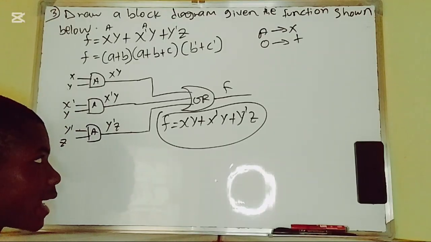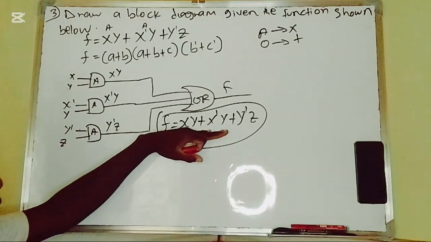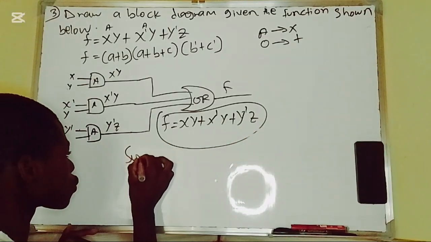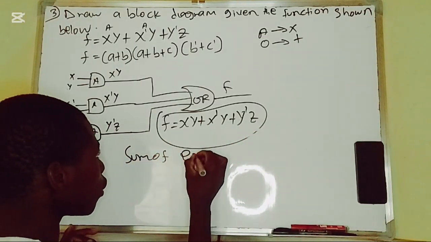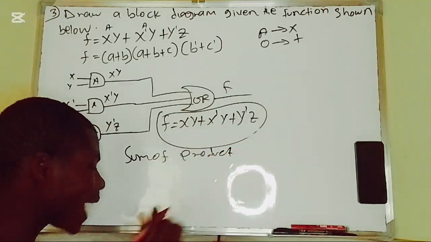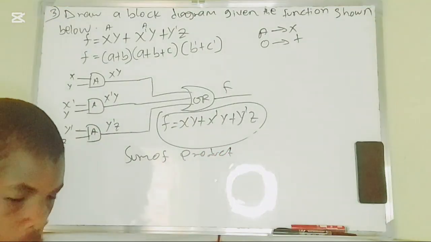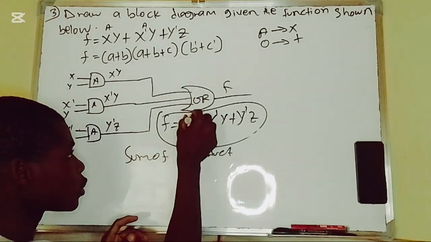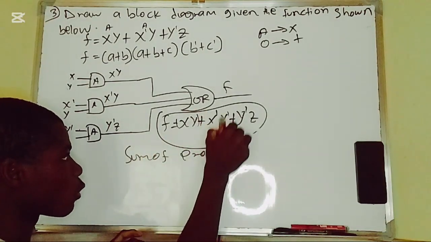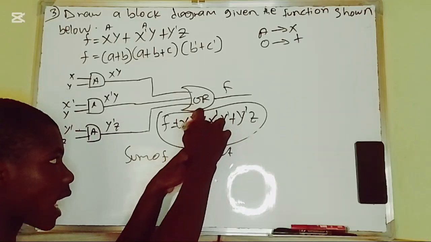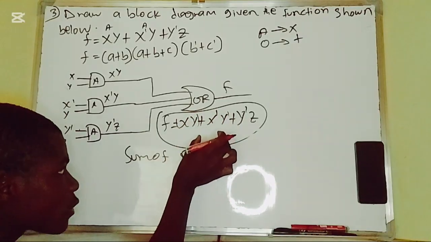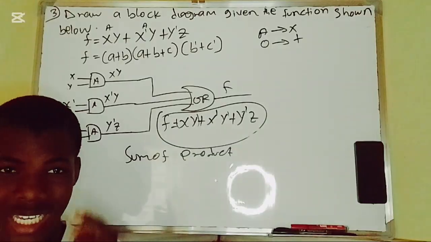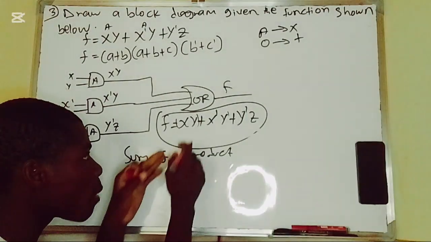There is one thing that I need to tell you: is this a sum of products or a product of sums? So this is a sum of products. What did I mean by sum of products? Between XY and what comes after them is addition. Whenever you look at the middle and you see it is plus, it is what we call a sum of products, because you are summing products.